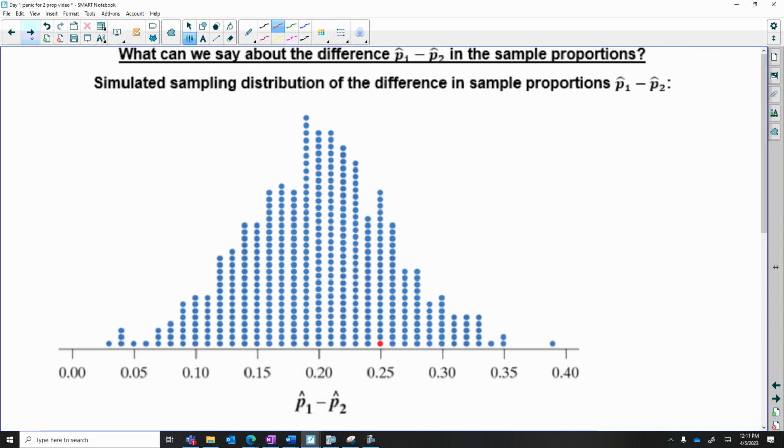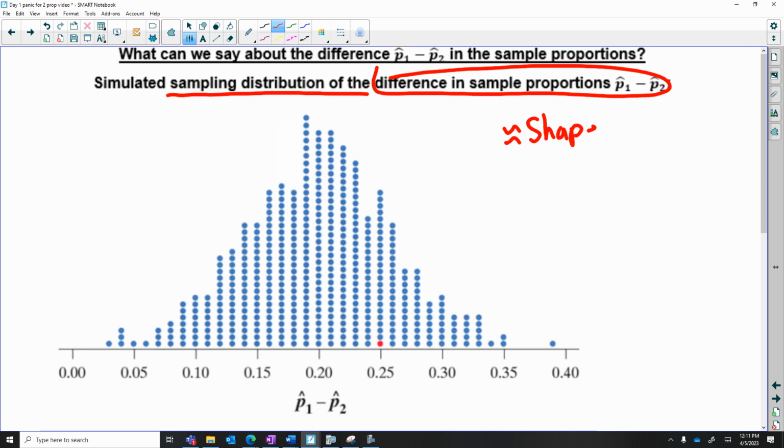So what if we combine the two p hats and we did the difference of the p hats? Then what we would have is the sampling distribution of the difference of the p hats. Notice again, it's still approximately normal for the shape, as long as the conditions are met: n1 p1 hat greater than or equal to 10 and n2 p2 hat greater than or equal to 10.